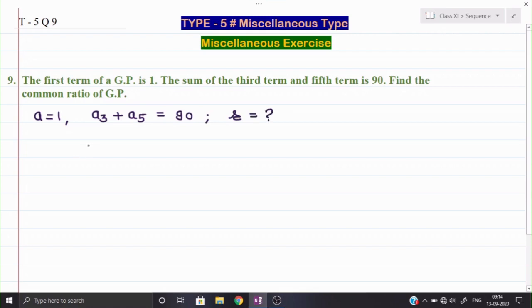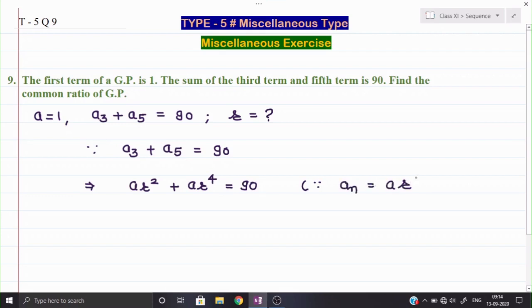First, we shall take the equation a3 plus a5 is equal to 90 and apply the formula. a3 will be a r square and a5 will be a r to the power 4, equal to 90, since the formula of an is a r to the power n minus 1.